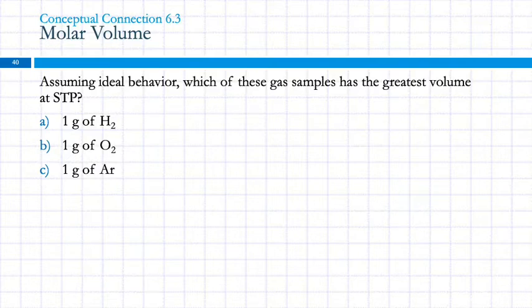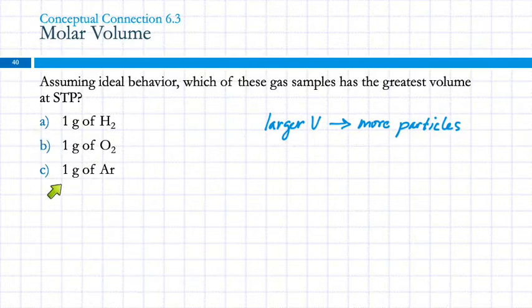So larger volume means more particles. Some of them are atoms, some of them are molecules. Right? Because more particles will take up more space. The mass doesn't matter, but here we have 3 samples.